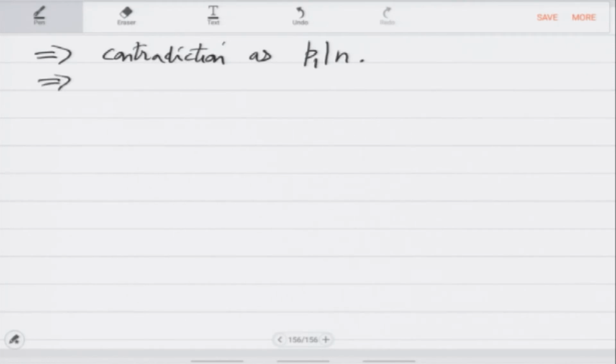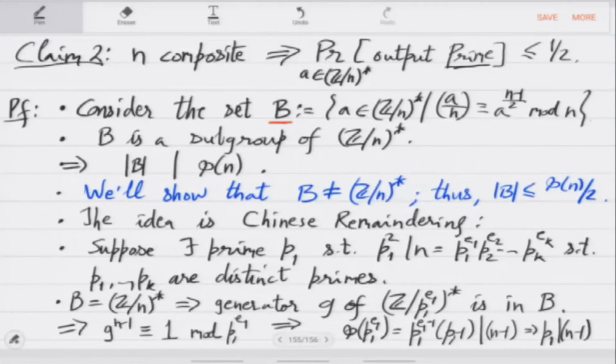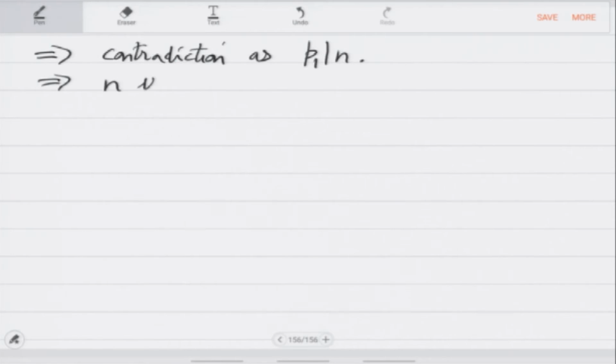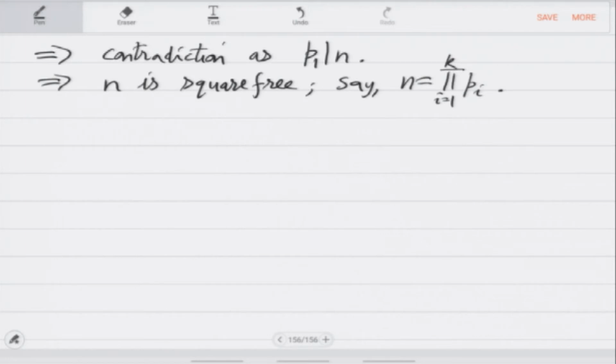So this contradiction means that n is square free. So say n is equal to the product of distinct primes, their multiplicity is 1, P1 to Pk. That was kind of the pre-processing part. So what we have deduced is that n is square free, so n has these k prime factors distinct.